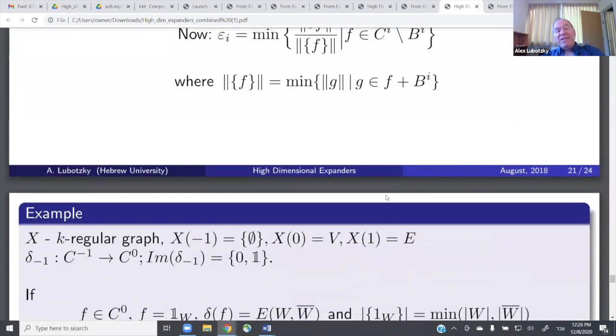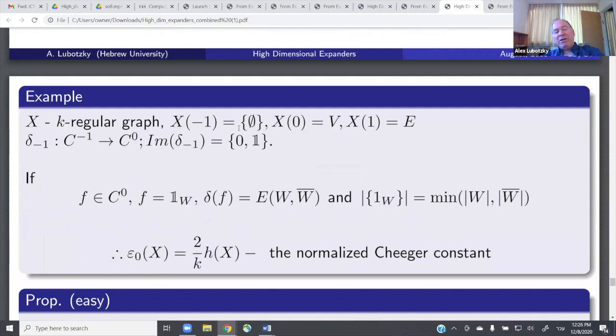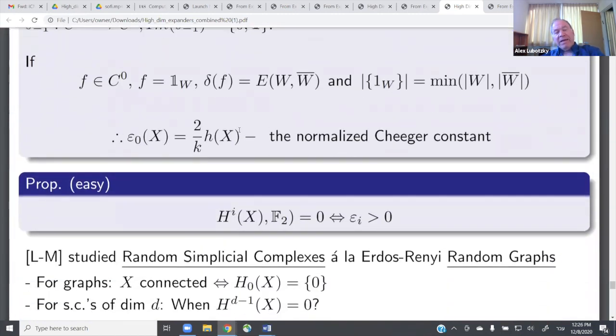So now we think of this epsilon I as the higher dimensional Cheeger constant, if you want. This is another way to say that we are an I-dimensional expander, that all these epsilon I are positive. Moreover, it's easy to see that the I cohomology group is 0 if and only if this epsilon I is not 0. It's always a non-negative number, but the cohomology vanishes if and only if it is not zero.